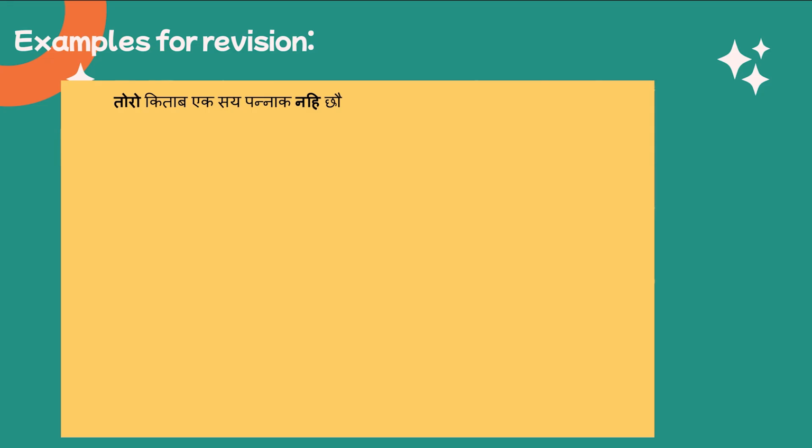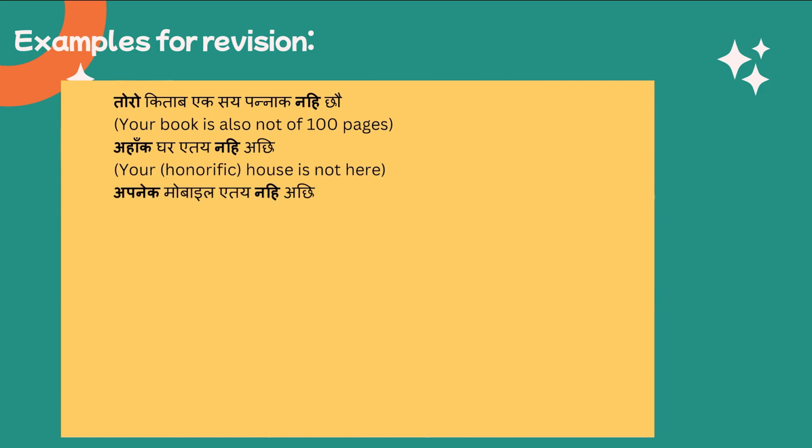Another sentence, तोरो किताब 100 पन्ना के नहीं छौ. अहाँक घर एतय नहीं अछि. अपनेक मोबाइल एतय नहीं अछि. ओकर घर बहुत पैघ नहीं छै.